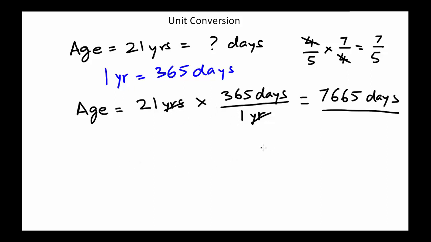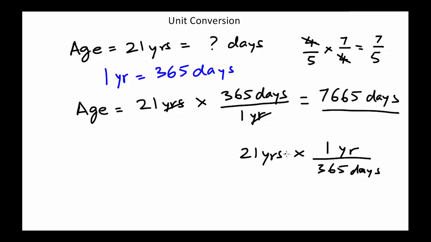The second comment I want to make is we were pretty clever in how we use this conversion factor. So for example, we could have multiplied the 21 years by a conversion factor that said 1 year over 365 days. Nothing wrong with that, and it also does not change its value because we're multiplying by 1. Numerator equals denominator in this case as well.